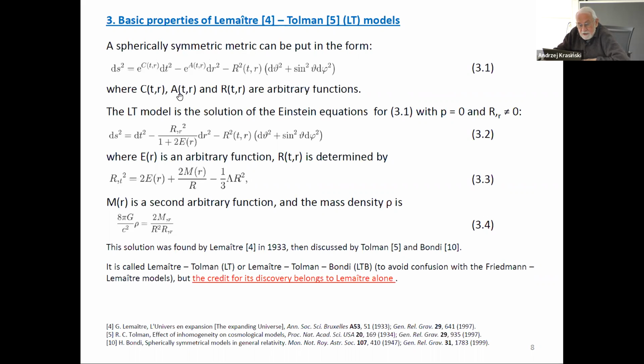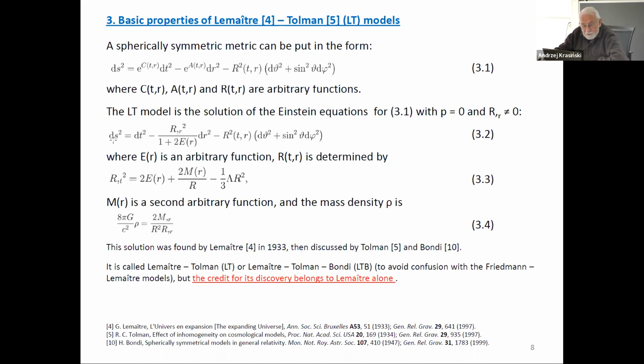C, A, and R are unknown functions of the coordinates t and r, and they should be determined from the Einstein equations. And the Lemaitre-Tolman model is the solution of Einstein's equations for this metric with zero pressure and this function big R being really dependent on the coordinate small r.